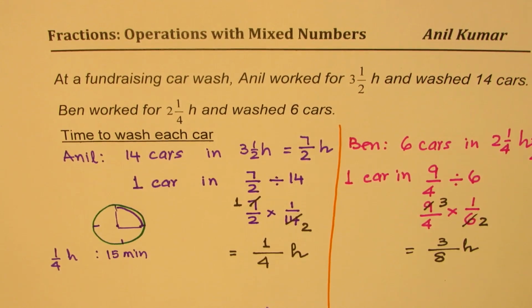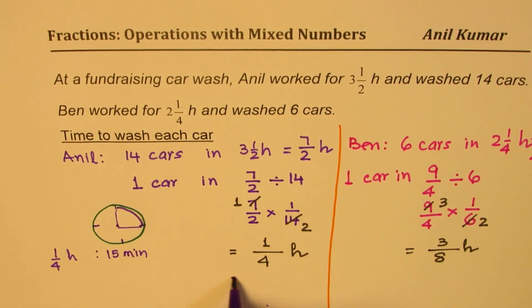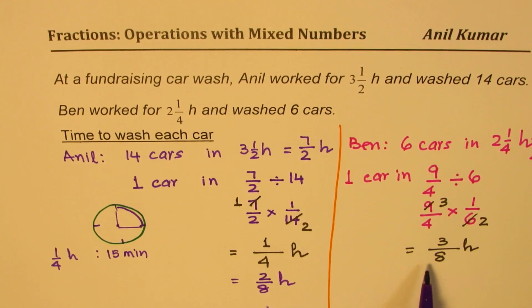That is difficult. So what you could do here is think like this. 1/4 of an hour could be written as 2/8 of an hour, right? 2/8, and this is 3/8 of an hour. Now you can compare. We have the same denominator, right?